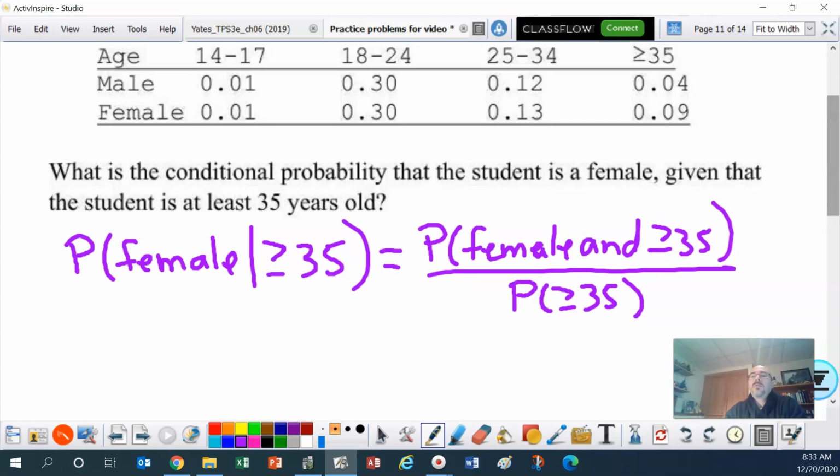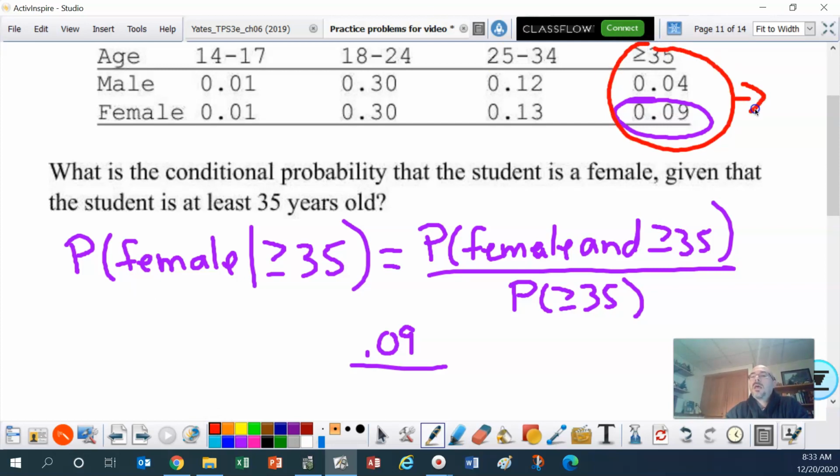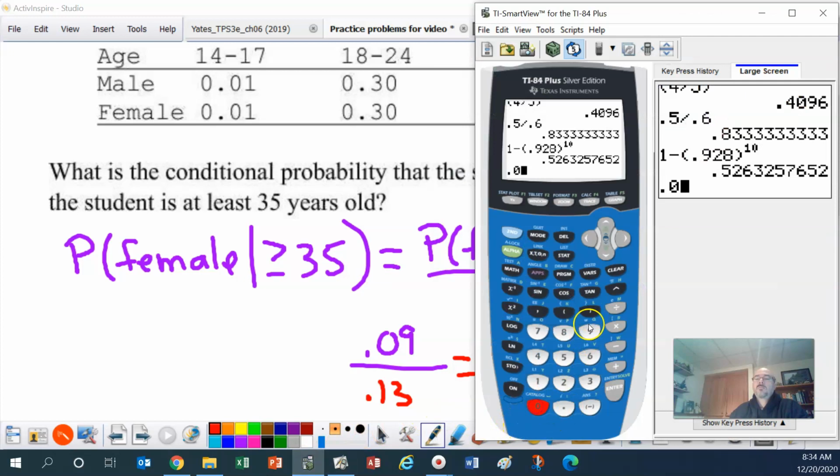The probability of female and at least 35, that would be this right here, 0.09, divided by at least 35. Well, folks, we're going to have to add those two together, and looks like we're going to get 0.13. So we're going to divide by 0.13. So let's see, 0.09 divided by 0.13.